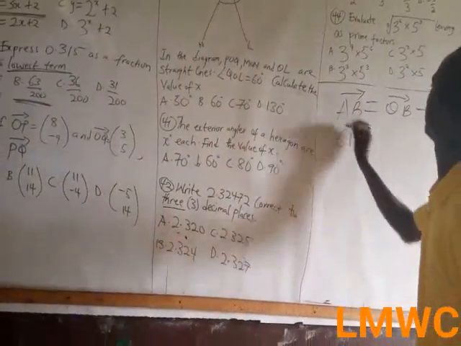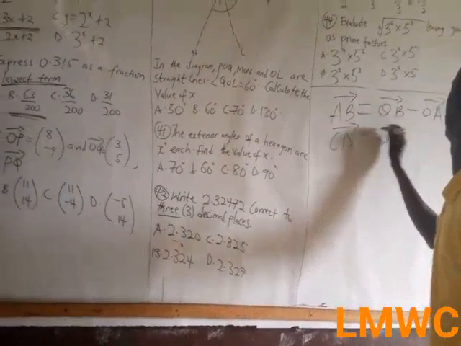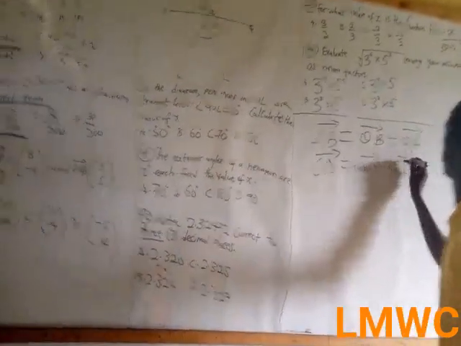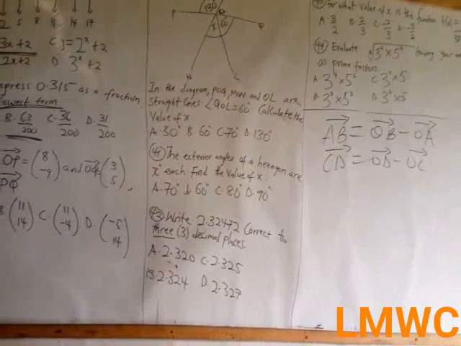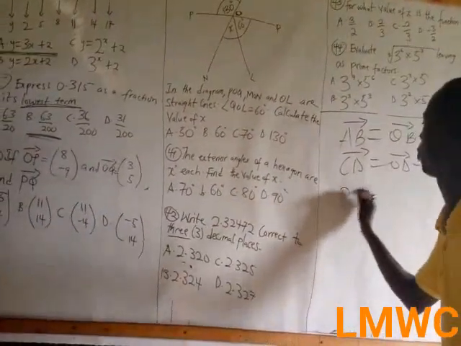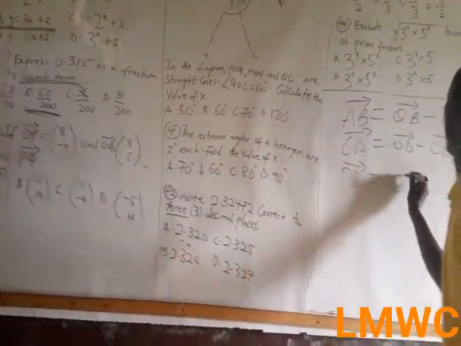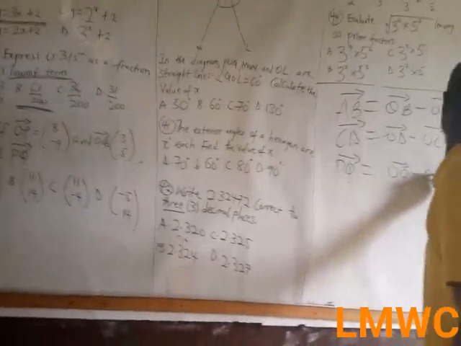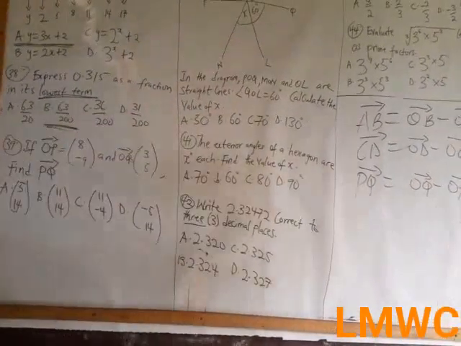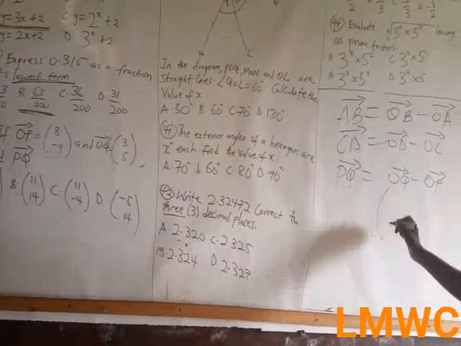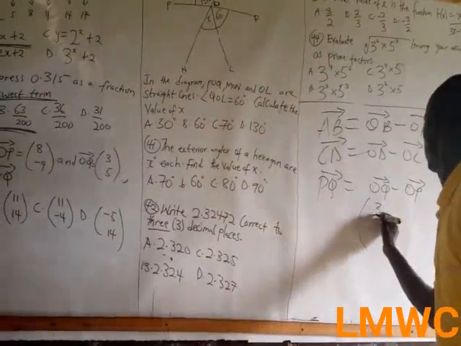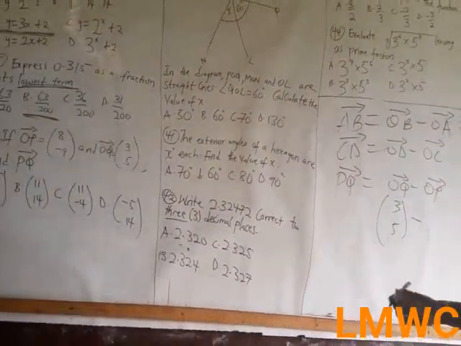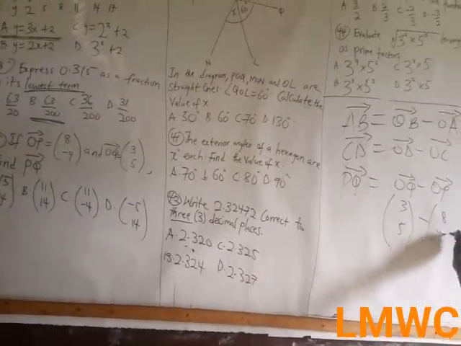Vector CB is the same as OD minus OC. It's not addition. This is a principle in maths. So PQ becomes OQ minus OP. What is OQ? OQ is 3, 5 minus OP, which is 8, negative 9.